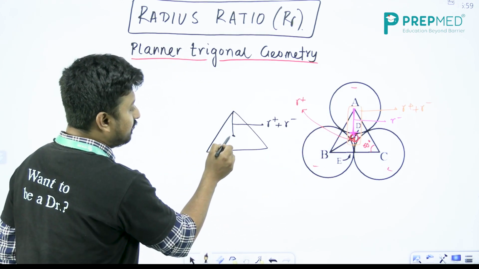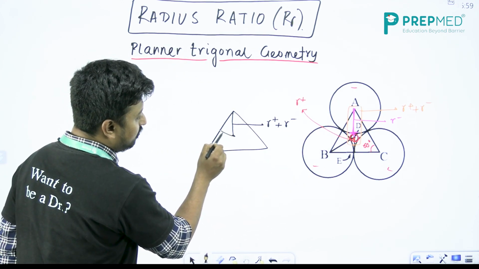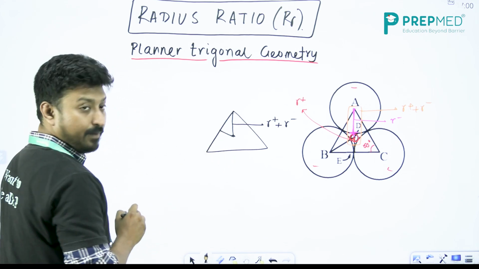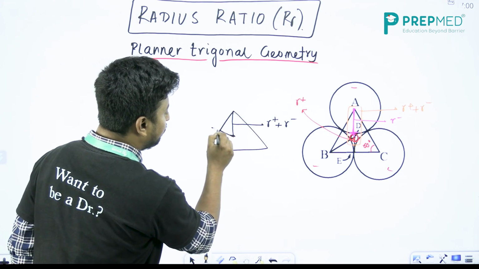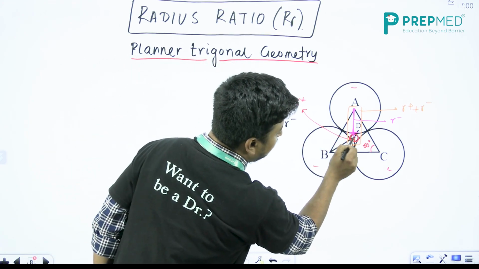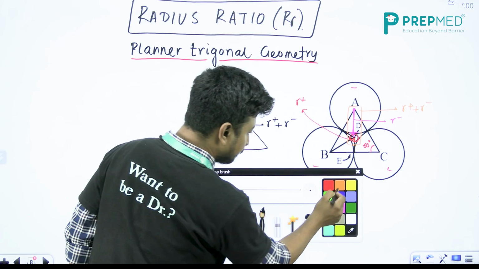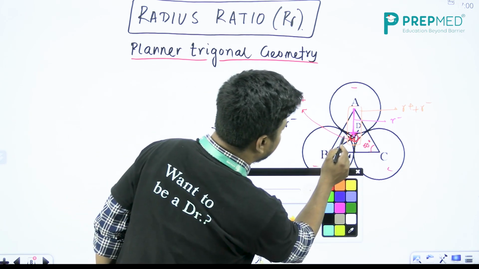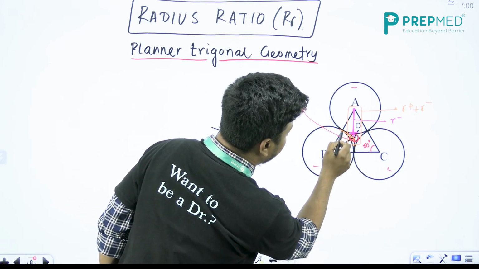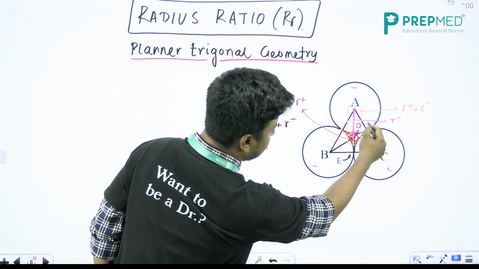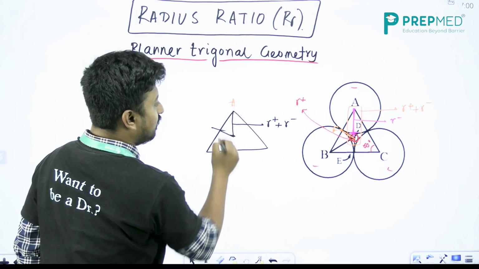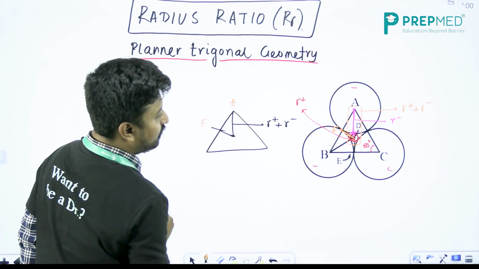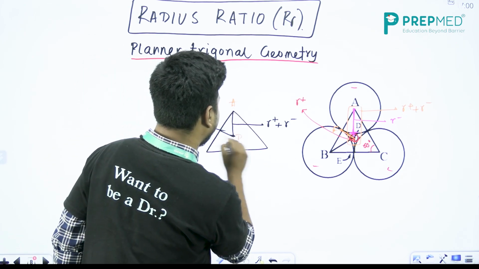And here let's draw a perpendicular, and this is basically what? So this is A, B, C, D, E. Let's say this is your F. So this is your A, this is your F, okay, and this is your point D, right?